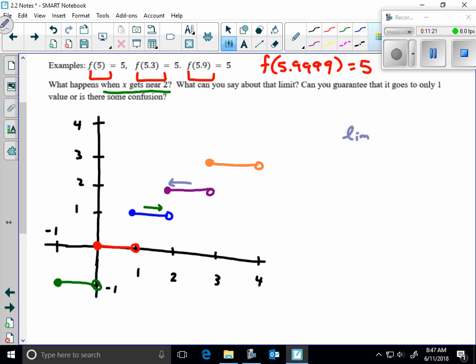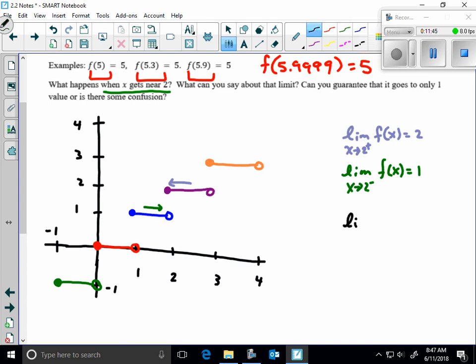What would the limit as x approaches 2 from the right of f of x be? Well, it's approaching 2, right? And what is happening from the left side as x approaches 2 from the left for this function f of x? Well, it's approaching 1.